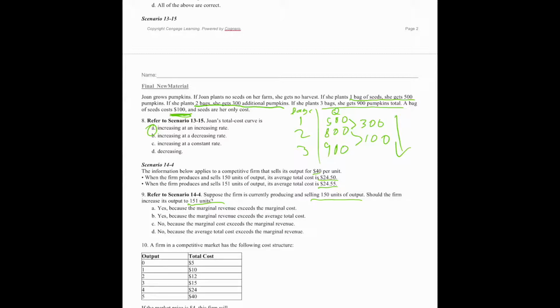So remember that average total cost is equal to the total cost divided by quantity. Well, here, our total cost divided by quantity is equal to 24.55 is equal to the total cost over 151. So then we multiply 151 to both sides and we get 24.55 times 151 is equal to total cost.